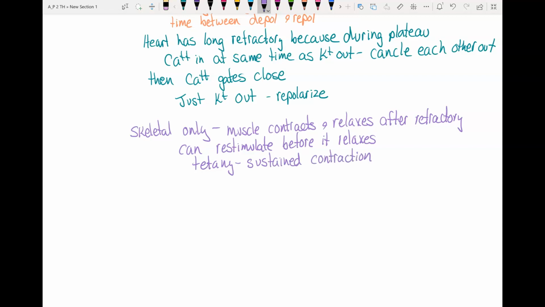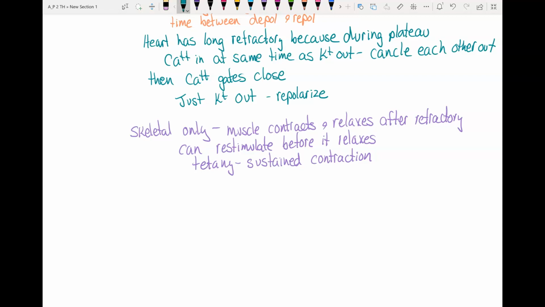And think about the planking challenges. They say you're in good shape if you can plank for 2 minutes. You're keeping your muscles contracted for 2 minutes in a plank. So you're doing tetany. You're re-stimulating those muscles before they have a chance to relax.